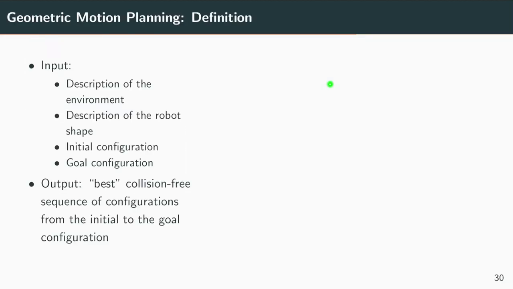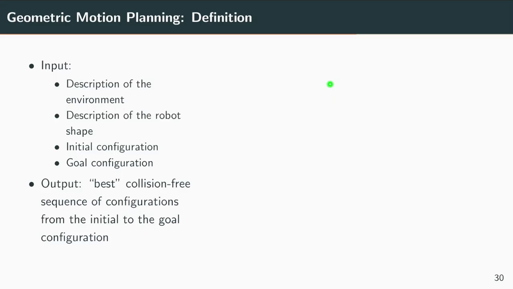Okay, and with that we can start with the first important definition of motion planning. So here we are at the geometric motion planning problem. Ideally, as input, we want to have some sort of description of the environment, of the robot shape, of our initial configuration state and our goal configuration.